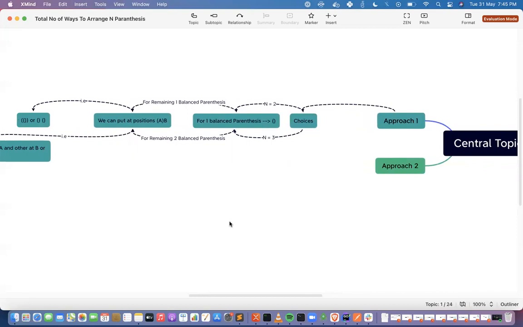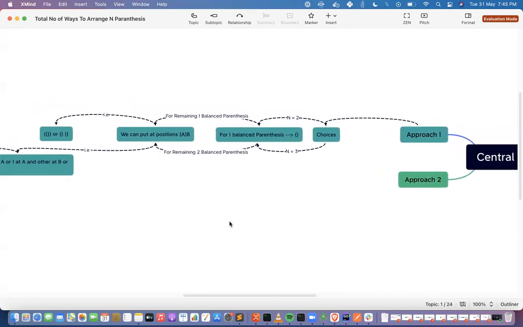For determining the choices of the given approach, let's think of how these values change for various n. For example, we take n equals 2. For n equals 1, we have one balanced parenthesis. Now we have to form two balanced parentheses.